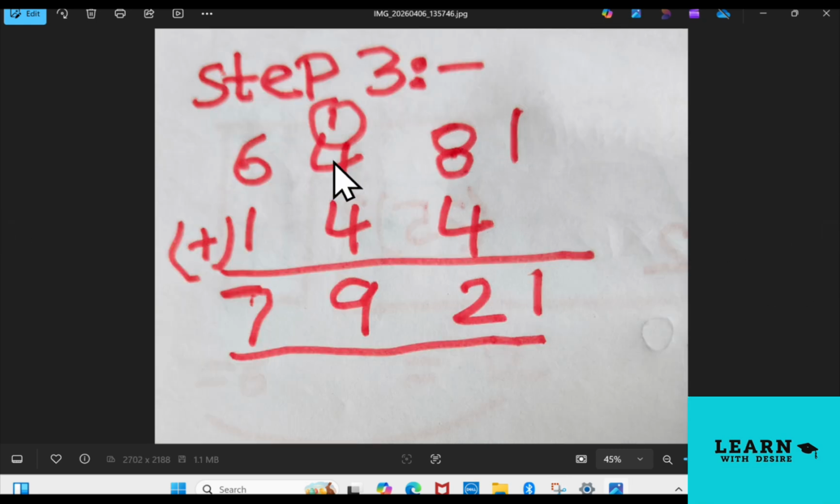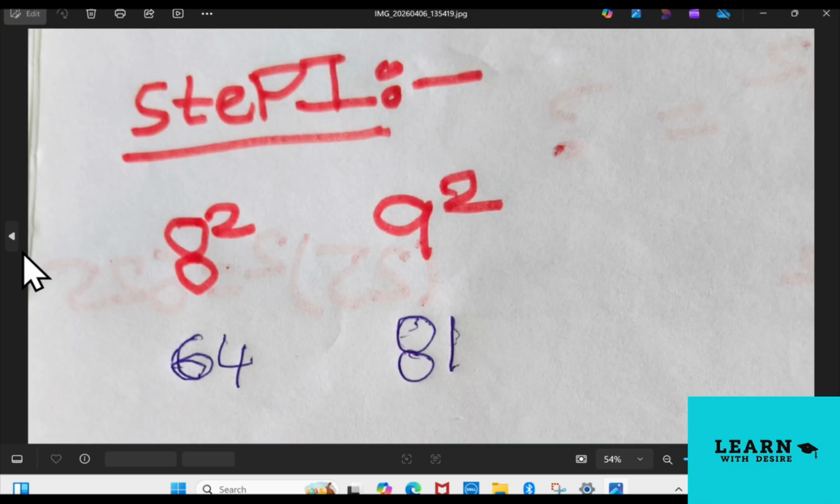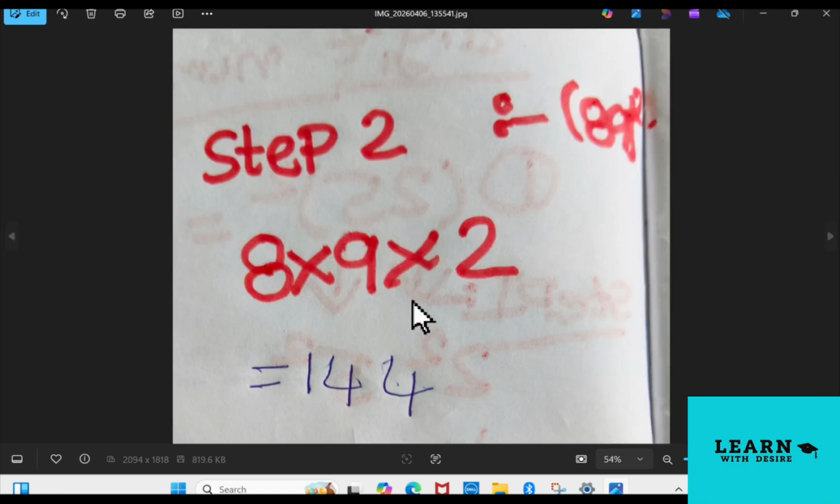Then in the final step, add both numbers that we got in step 1 and step 2. Here, what is the value that we got in step 1? In step 1, we got 6481. In step 2, we got the value 144.